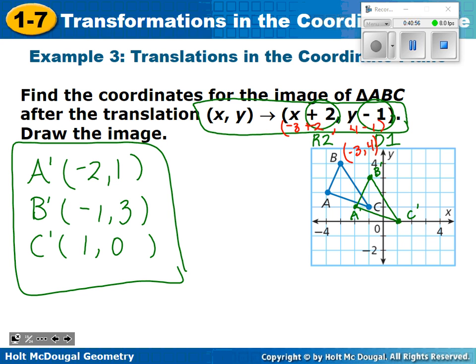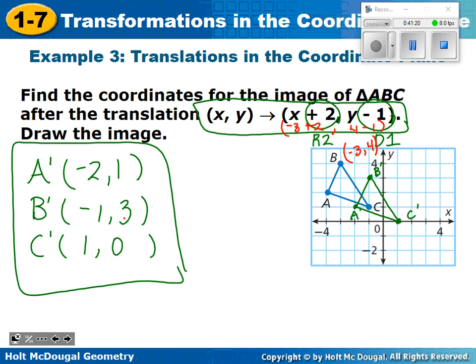I plugged the negative 3 in for x and the 4 in for y. What is negative 3 plus 2? Negative 1, and that's what we got for B. What is 4 minus 1? 3, and that's what we got over here for B. So you can plug each point in, but to me that's a little bit more work than just simply going right 2, down 1. Would you agree?